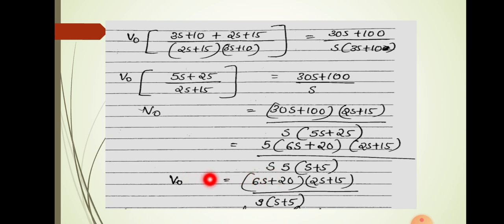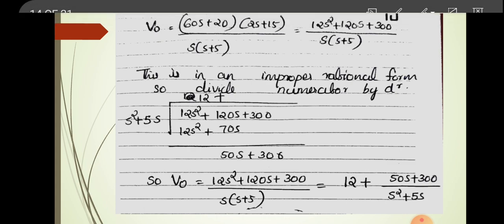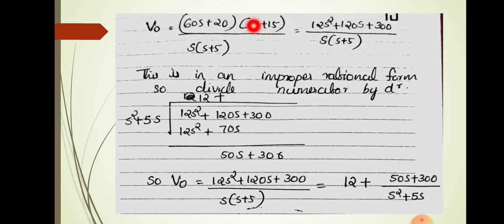So this is the V0 of S value, that is the S domain value. To find the time domain value, you have to take the inverse Laplace transform. Before that you have to multiply these bracket quantities. So you will get V0 equal to 12S square plus 120S plus 300 by S into S plus 5. Here you can see that the upper side has second order, and the lower side also second order.